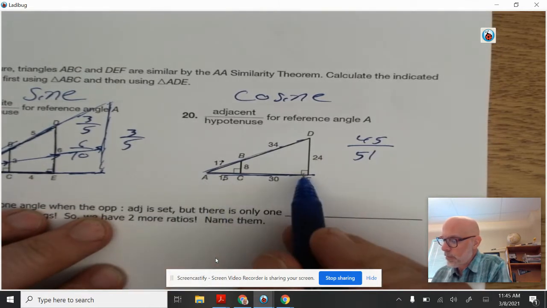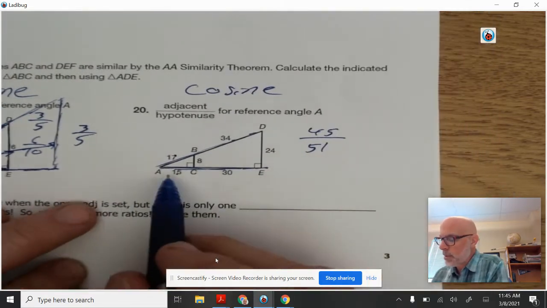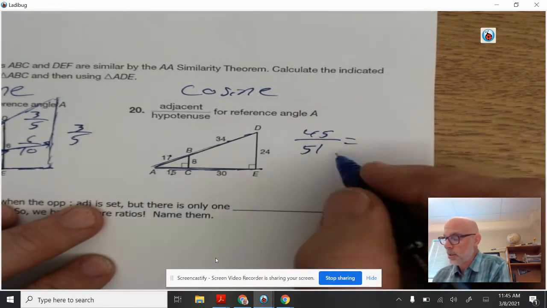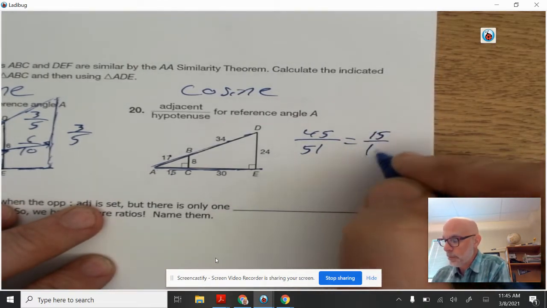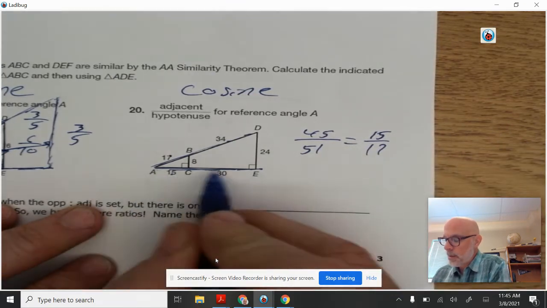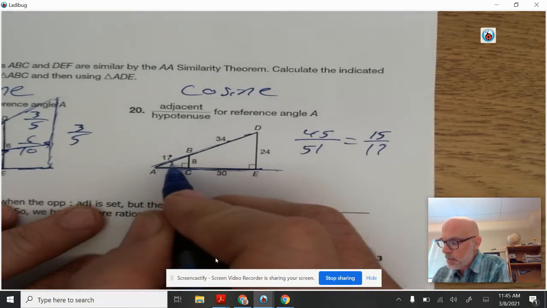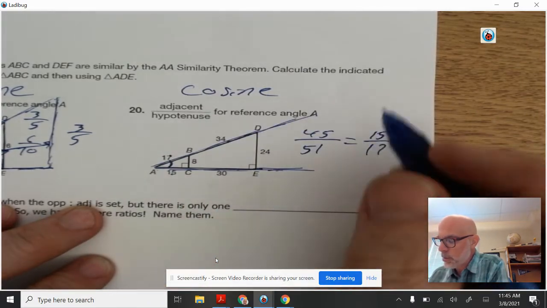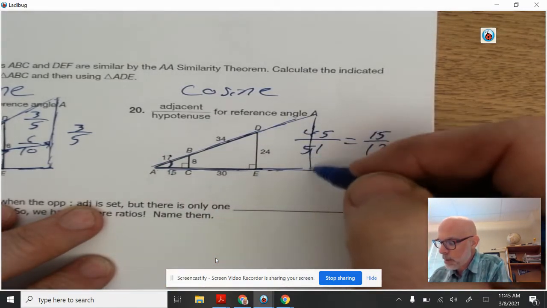So 45 compared to 51 would be the same comparison as 15 to 17, and it does reduce to 15 to 17 because 3 goes into both of those. All right? And that same argument could be made. It doesn't change this angle. It just continues on this path, and all of these ratios are the same. Okay?